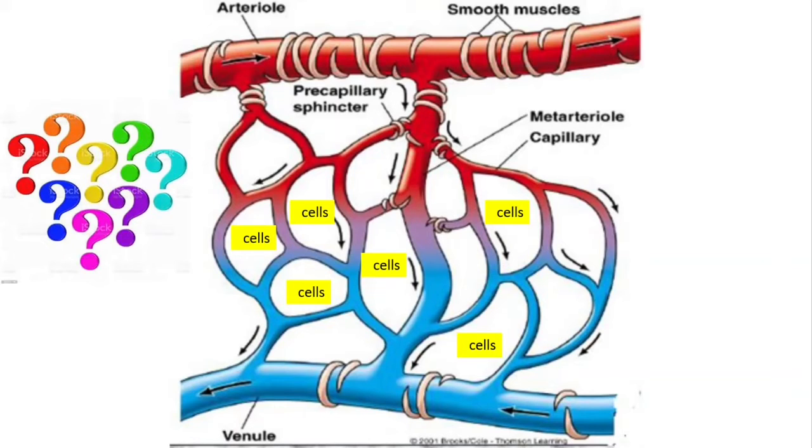This is another example of the microcirculation, and it is important to ask so many questions. Here is the arterial side of the capillaries between cells, and after the interaction, the venous side of the capillaries will take the outcome, and the venous capillaries will join the vein.